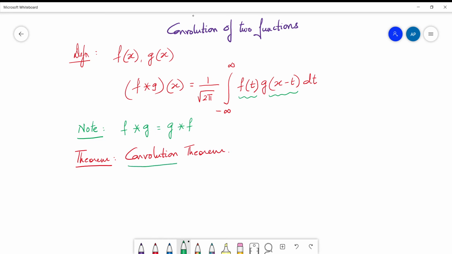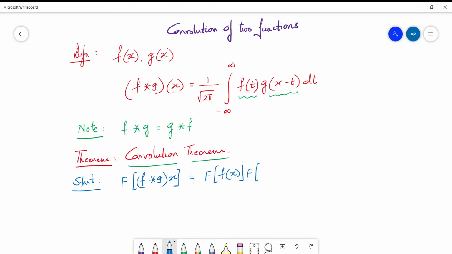So now let us state this particular theorem. The statement of the theorem goes this way: the Fourier transform of the convolution of two functions, if f and g are two functions, is equal to the product of the respective Fourier transforms.